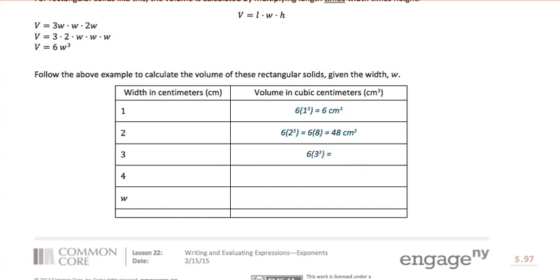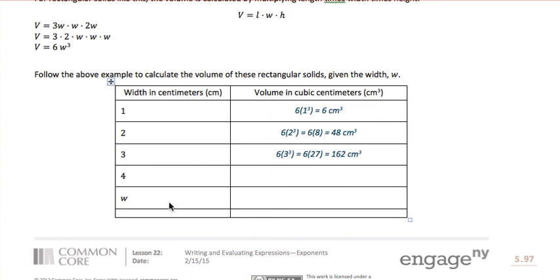And 3 to the third power is 27. So now we're multiplying 6 times 27, which is 162 cubic centimeters.